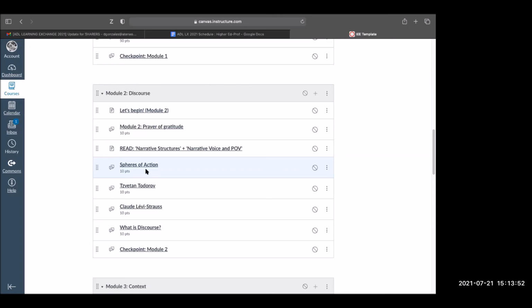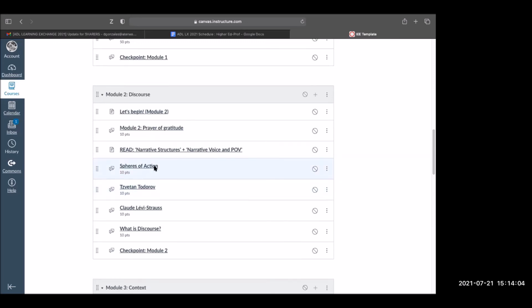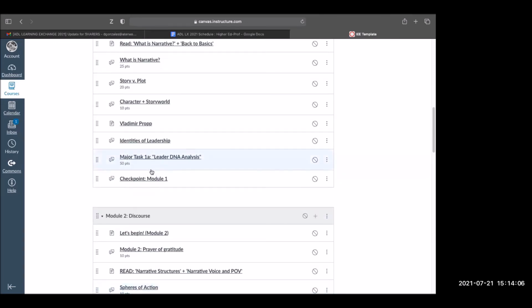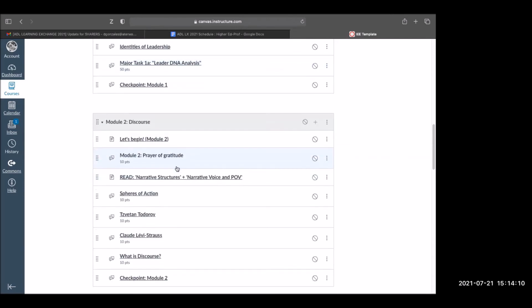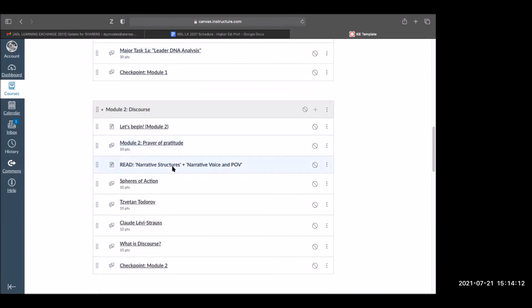So inaalat ko din yung bigat ng discussion board na parang may breather sa module 2 since they are doing their major task 1A during this week, during module 2 week nila.